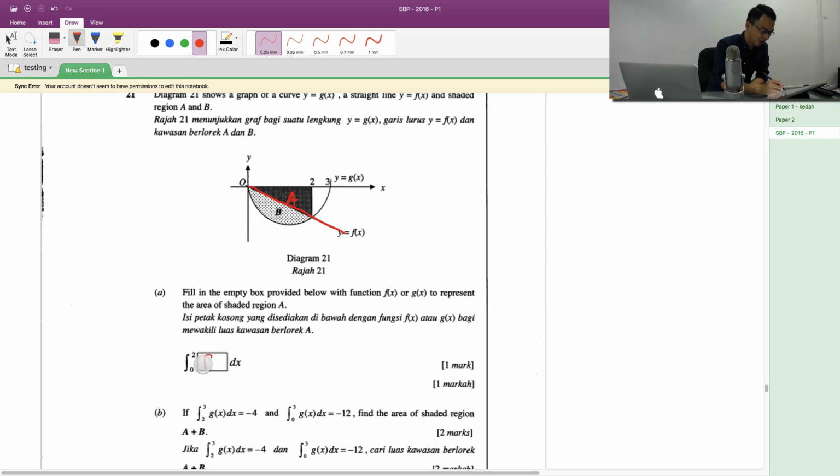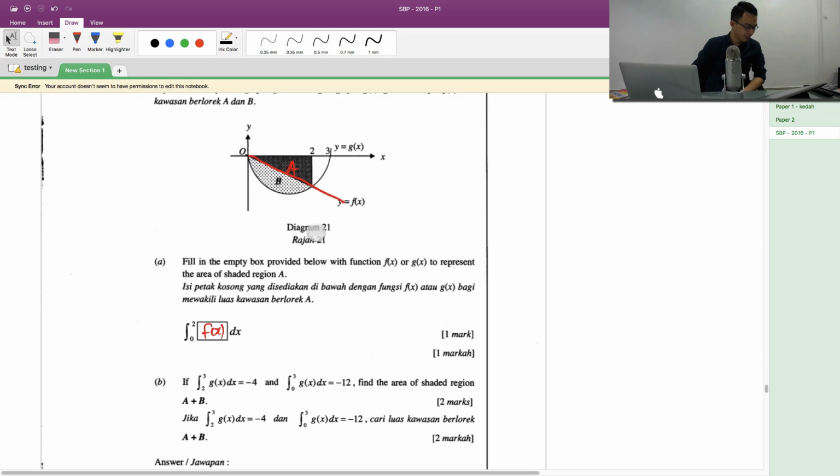So basically you need to integrate f(x). That's all. Because if you integrate g(x), you actually get A plus B.